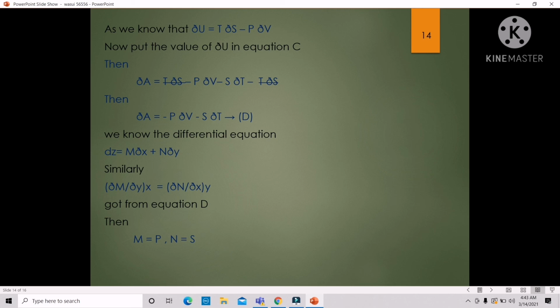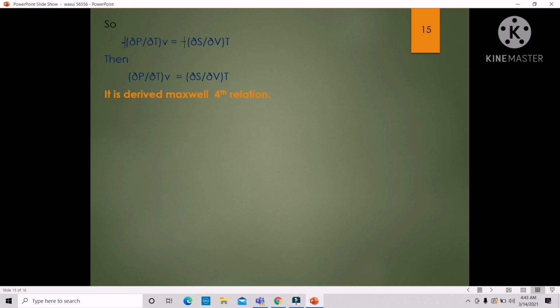We got this from equation D, and we make P equal to m and S equal to n. Then it becomes minus change in pressure with respect to change in temperature, having volume constant, and on the other side minus change in entropy with respect to change in volume, having temperature constant.